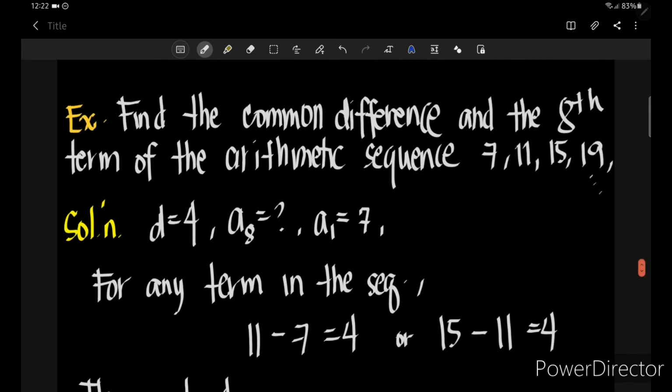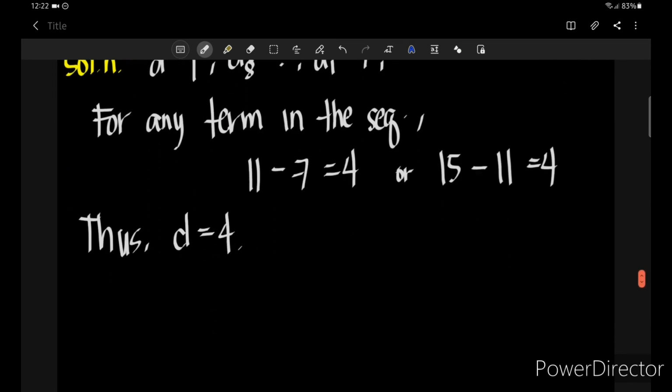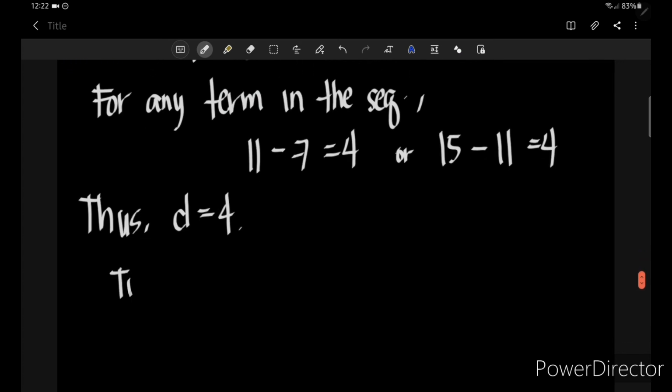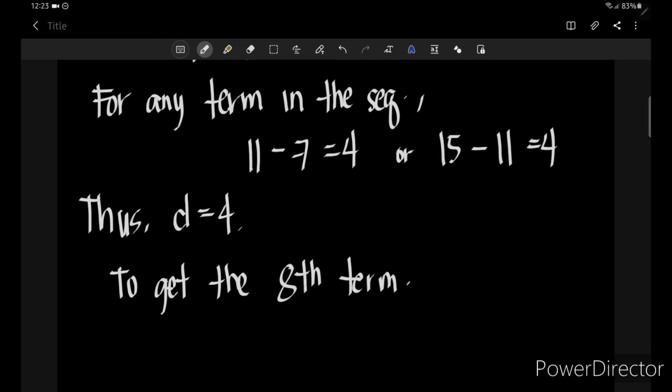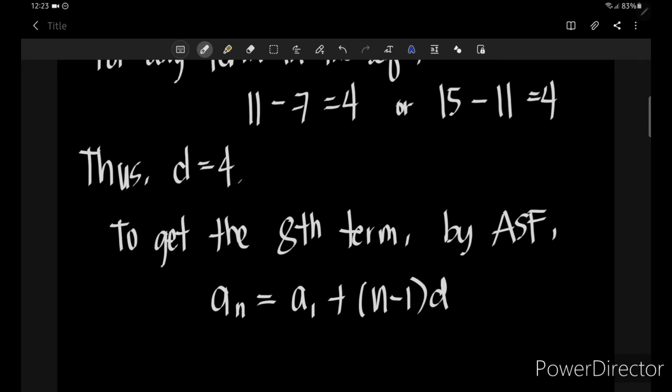Okay. Para naman sa 8th term, since 8th term yung ating concern, mapapwersa na ang value ng n is 8. So, n is equal to 8. Right? Now, to get the 8th term, we have a sub 8, or by the arithmetic sequence formula, by ASF, we have a sub n equals a sub 1 plus n minus 1 times d.